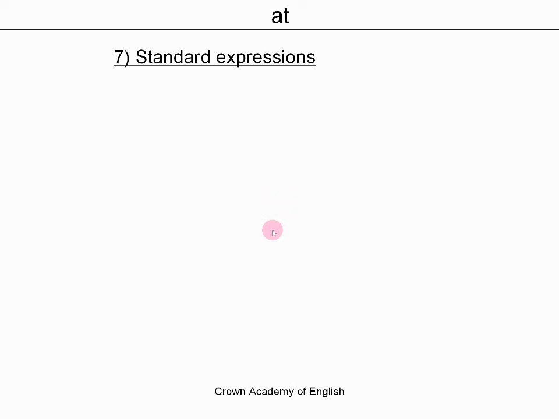And finally, for the word at, we also have some expressions. So there are no rules for these. You must just learn them. Okay.